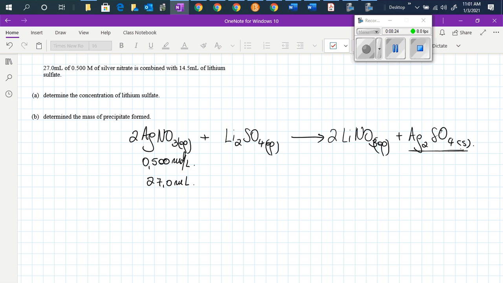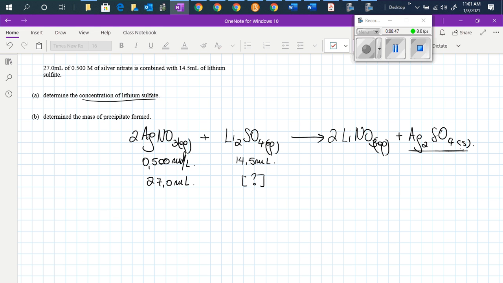What else is given here is that it is combined with 14.5 milliliters of lithium sulfate. And what we are looking for is to determine the concentration. So concentration is question mark.